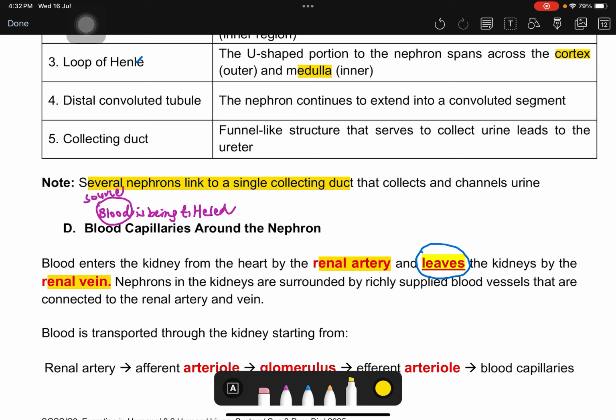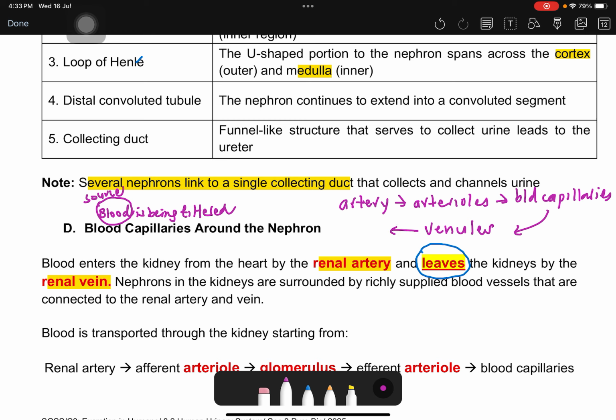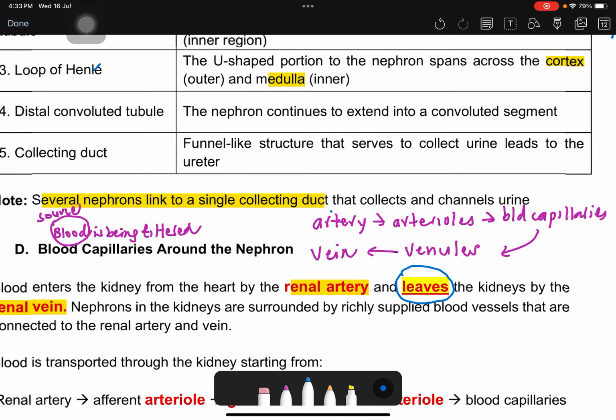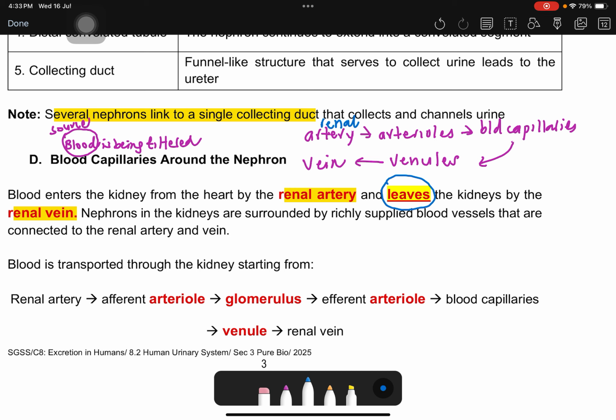So recall in our chapter on the transport system, an artery can be further branched into arterioles and then blood capillaries, and many blood capillaries can combine into a venule before many venules combine into a vein. So in the context of the urinary system, the renal artery will be branched out into smaller arterioles over here.